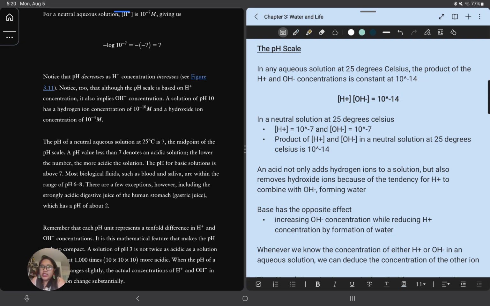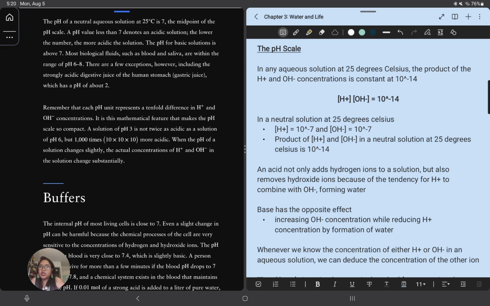Notice that pH decreases as hydrogen ion concentration increases. Notice too that although the pH scale is based on hydrogen ion concentration, it also implies hydroxide concentration. A solution of pH 10 has a hydrogen ion concentration of 10 to the negative 10th molarity, and a hydroxide ion concentration of 10 to the negative 4th molarity.